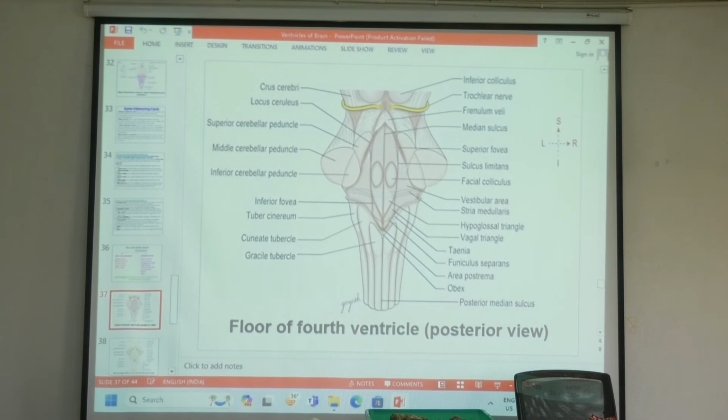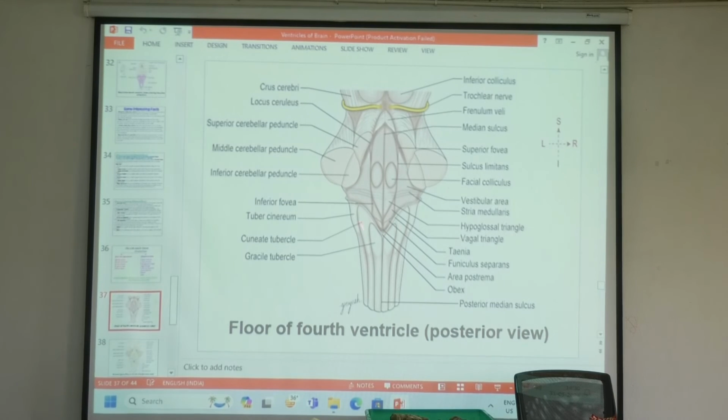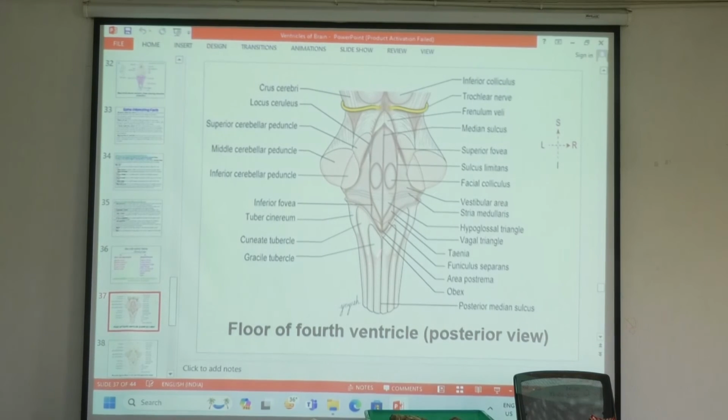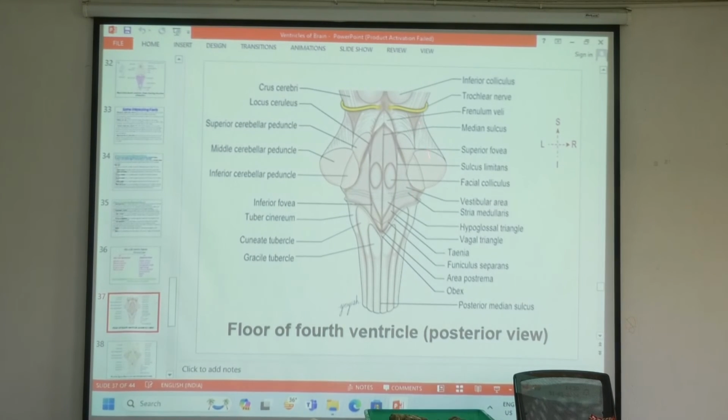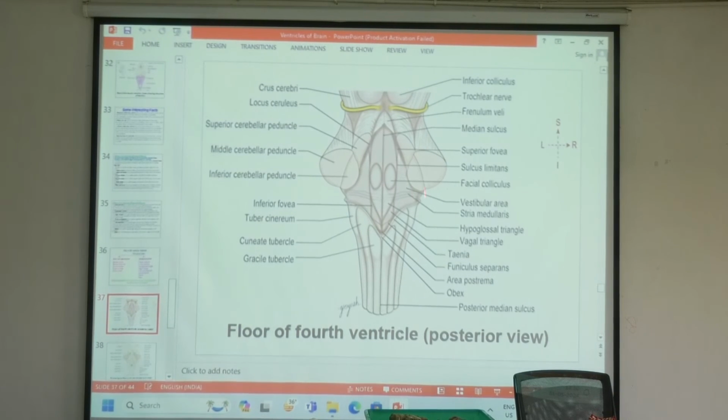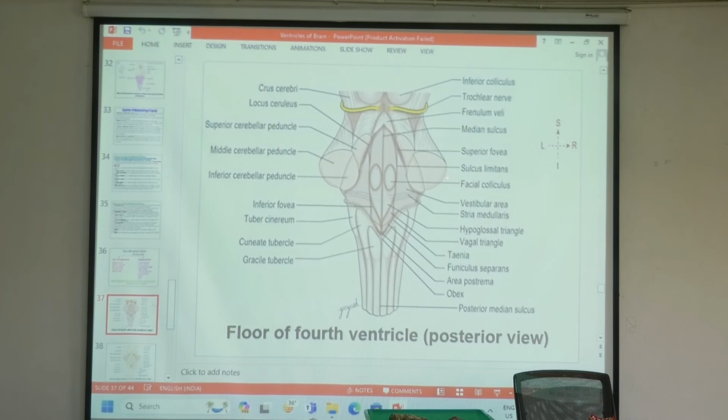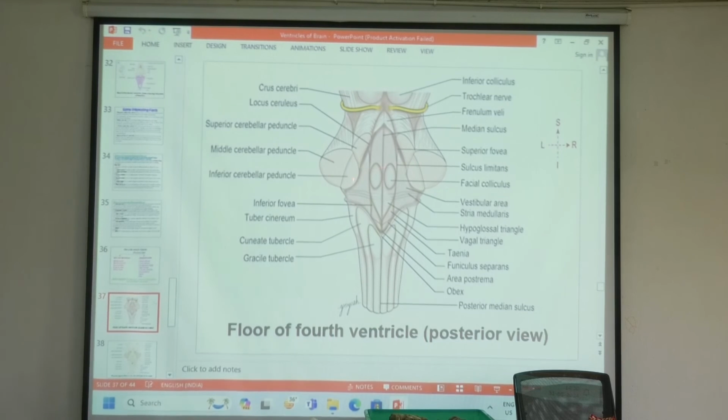You can see the gracile tubercle medially, the cuneate tubercle laterally. These form the inferolateral boundary of the floor, and the superolateral boundary of the floor is formed by the superior cerebellar peduncles. These are sections of the middle cerebellar peduncle, and the inferolateral boundary is partly formed by the inferior cerebellar peduncles.